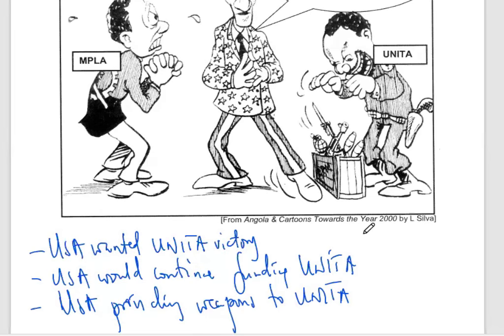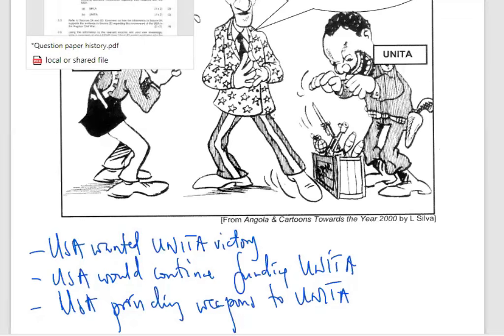It means they could not provide a resolutive means to this conflict. The conflict would continue because they are still giving assistance through military weapons and funding to UNITA, which will further aggravate the fighting in Angola. Right. And any other response that you might come out with?